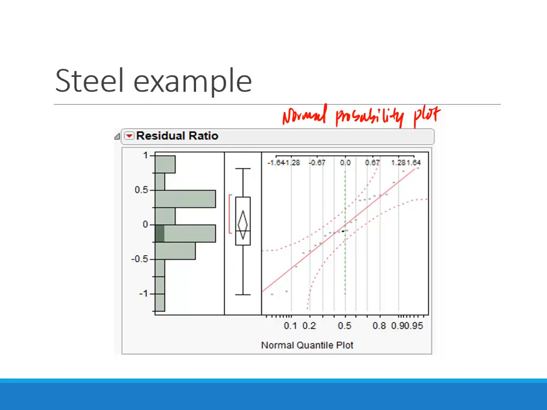So you can imagine that flipped on its side, and does that look like a normal distribution? Well, there's maybe some holes in there, but this actually looks pretty good. I would say this is good. So maybe in fact the normal assumption is an okay one.